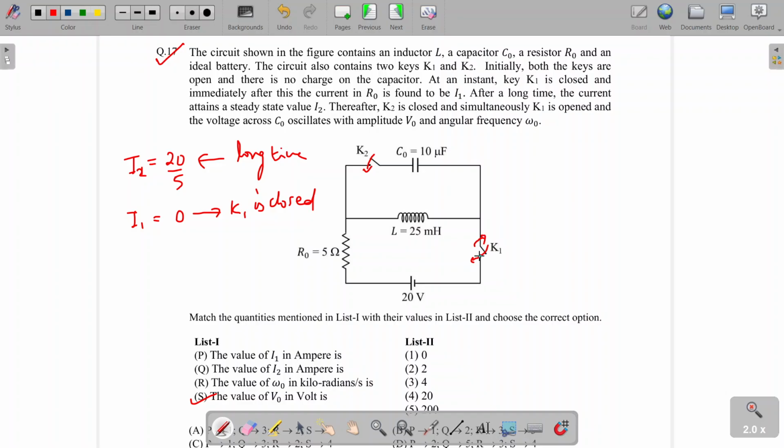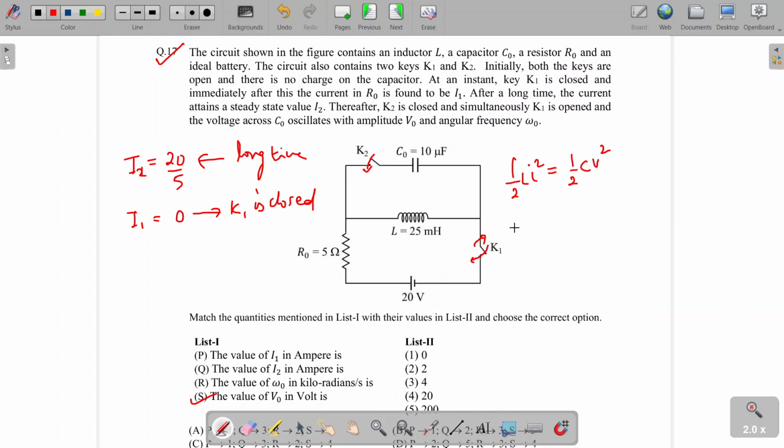So when K1 is opened, the contact of the whole circuit with this 20 volt and 5 ohm combination is lost. Whatever energy is stored in the inductor, that is half L I squared, will further go into the energy of the capacitor.